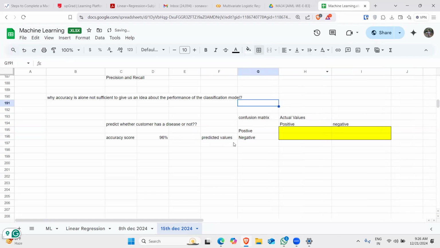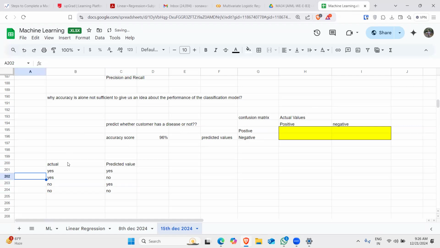We are taking the same example, where we are predicting whether a patient has the disease or not. Suppose actual value is yes, the person has the disease, predicted value is also yes. Actual is yes, predicted is no. Actual is no, predicted is yes. Actual is no, predicted is no.